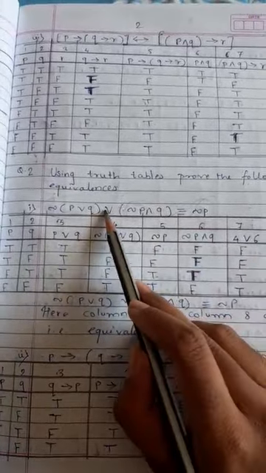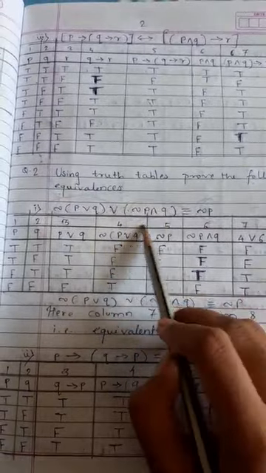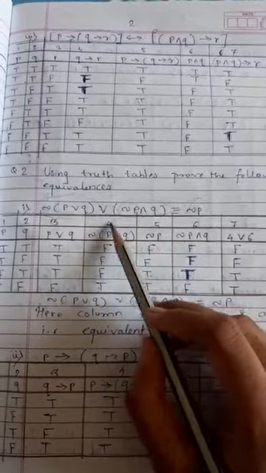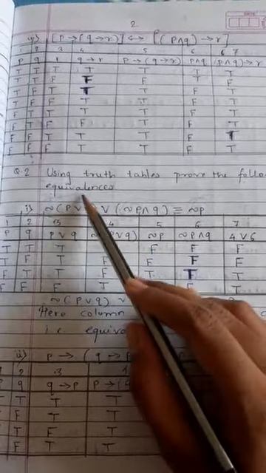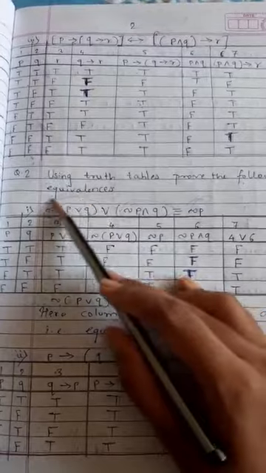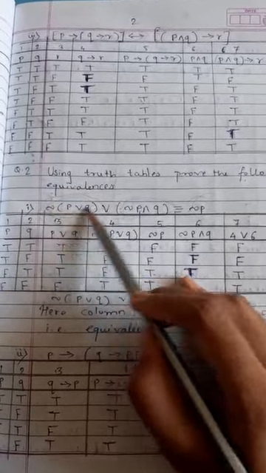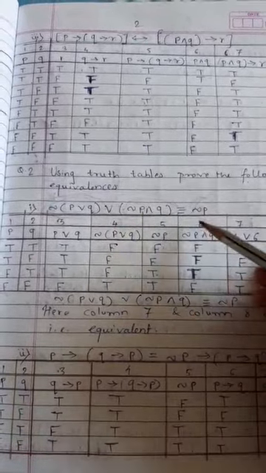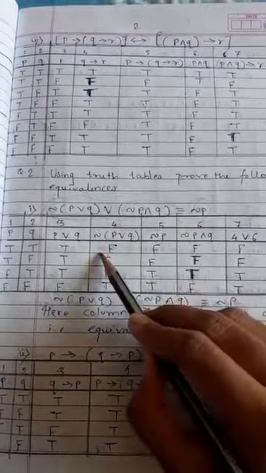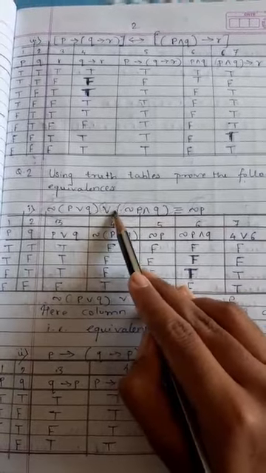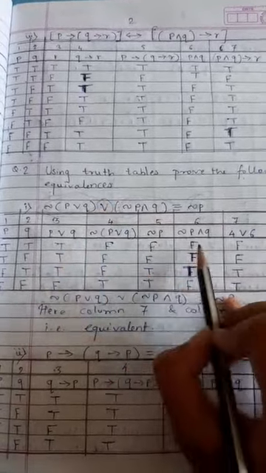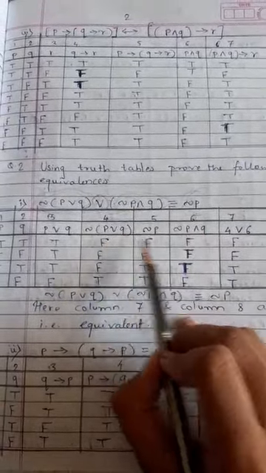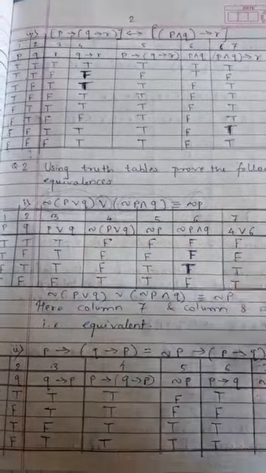Okay. Next we have to take the OR of these two columns. This part is in the fourth column and this part is in the sixth column, so we take the combination of these, the OR of columns 4 and 6.